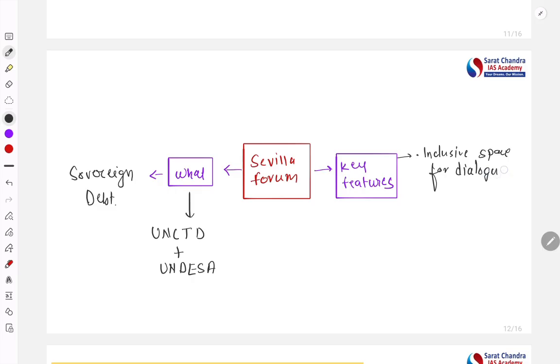Dialogue on what? Dialogue on how to resolve the debt burden, reform the sovereign debt system, bring transparency, right? So that we can ensure a fair and sustainable debt solution.